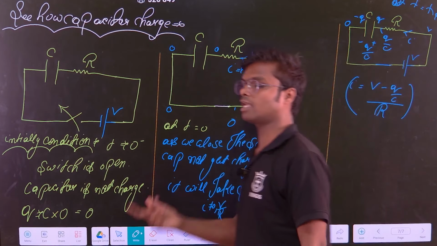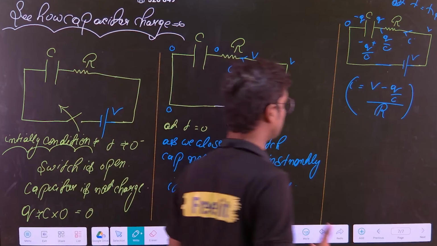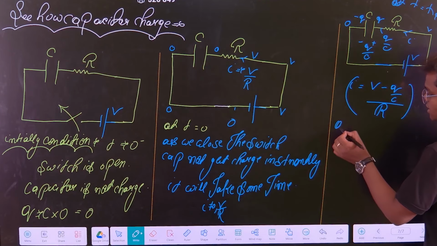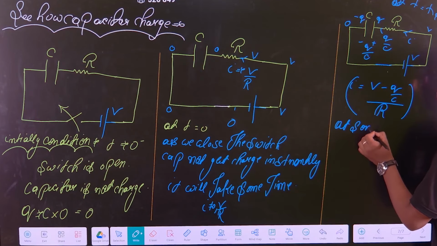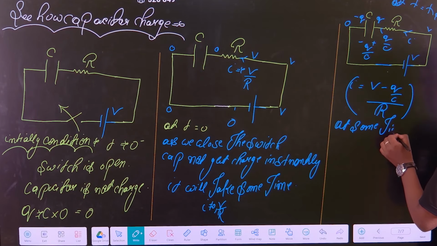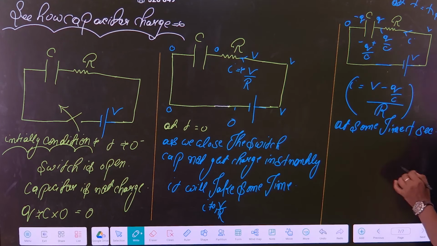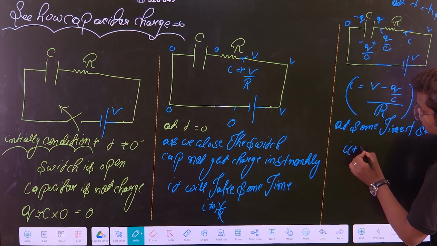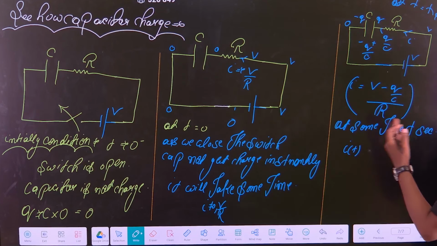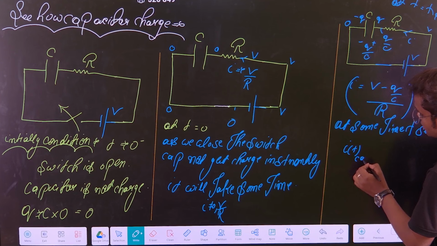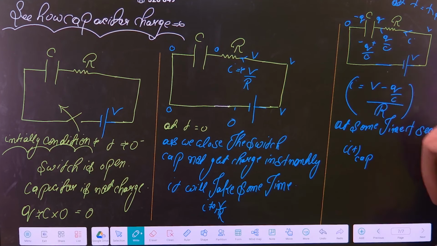At some instant I am talking about, at some time t seconds, the current through the capacitor, or you can say resistor. Basically it is better to say the current through the capacitor. Why not resistor? I will tell you the reason also.